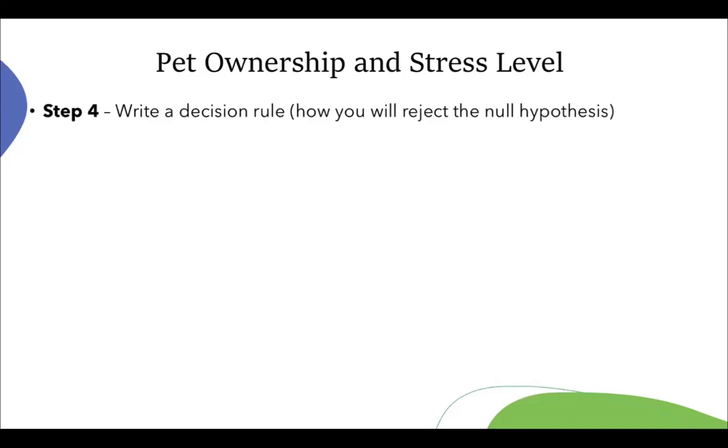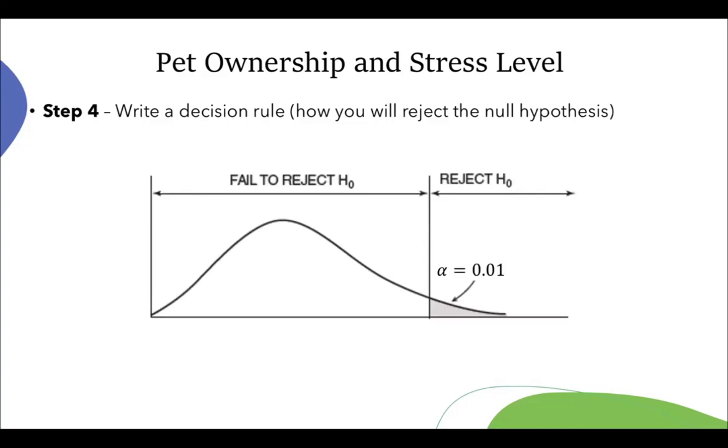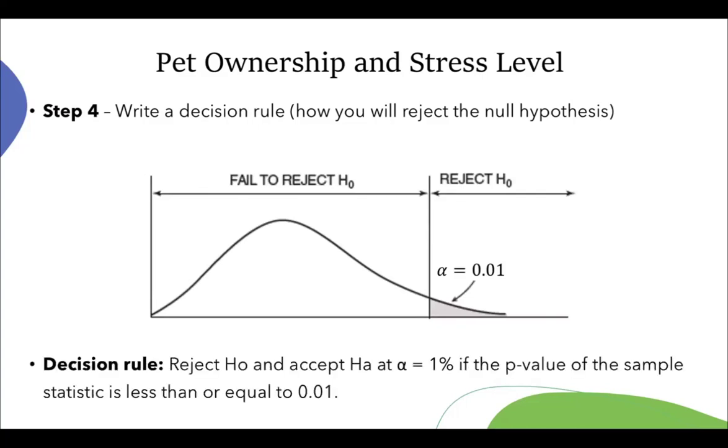The decision rule, how are we going to reject the null hypothesis? This is going to stay in line with a lot of what we've done already. We make the picture first, and then we state we will reject the null hypothesis and accept the alternative hypothesis at the level of significance of 1% if the p-value of the sample statistic is less than or equal to 0.01.